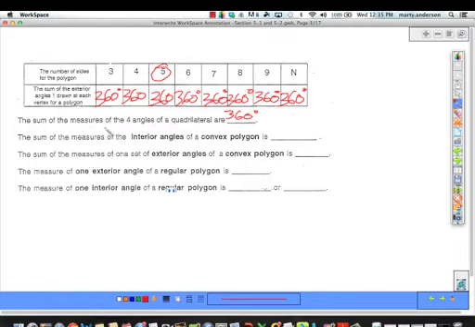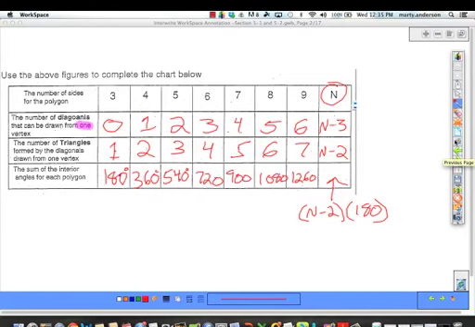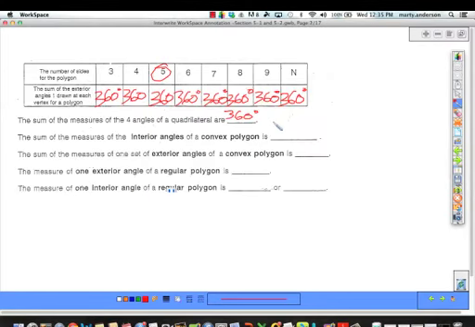The sum of the measures of the interior angles of a convex polygon. We just looked at that one not too long ago. It's always going to be n minus 2 times 180.